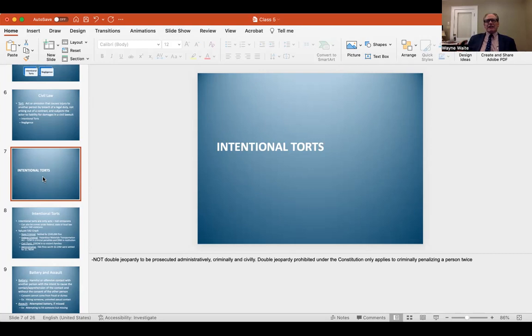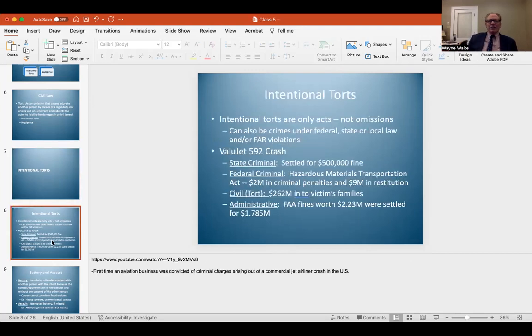Conversion of assets, exerting wrongful dominion and control, is an intentional tort. These are only acts, not omissions. And these intentional torts can also be crimes under federal law, state law, or local law.